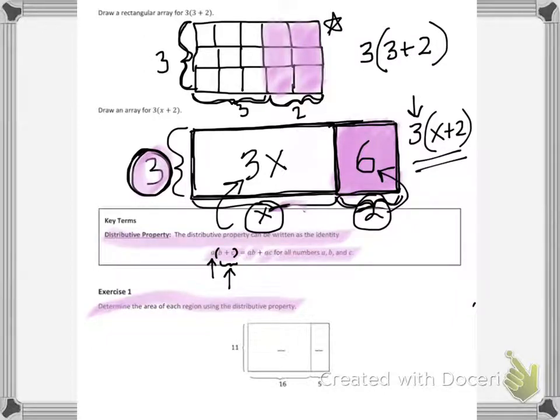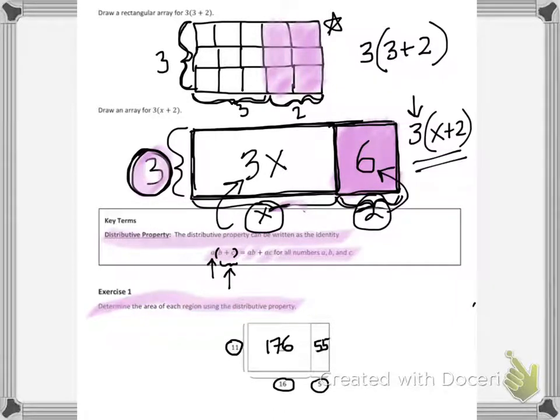Based on the example beforehand, we're going to distribute out the 11. So 11 times 16, and if you have a calculator handy, that would be 176. And then 11 times 5, of course, is 55.